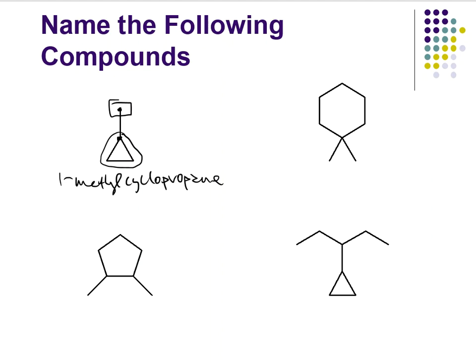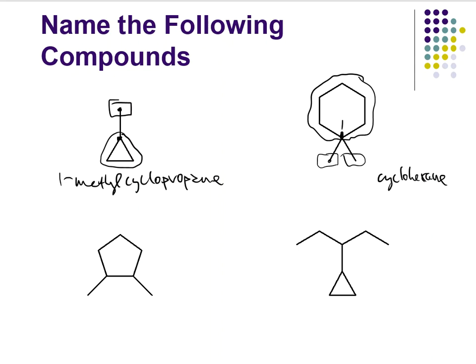Next one over, longest carbon chain. It is the ring here that's the majority of the structure. No way that you can beat 6 carbons in a row. So this is a cyclohexane. And then on this carbon, because we can start the numbering anywhere we need to, and because the groups are only on that carbon, that needs to be carbon number 1.